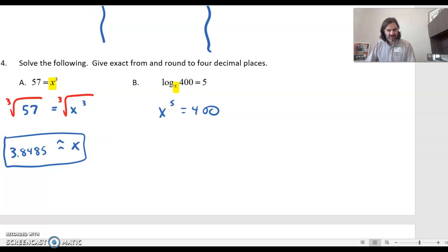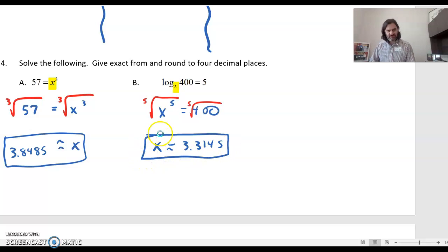And now we can take the 5th root of each side just like we did in the previous problem. So then we will have x is equal to approximately 3.3145. All right. Got any questions or can't get the right answers? Let me know. Thank you.